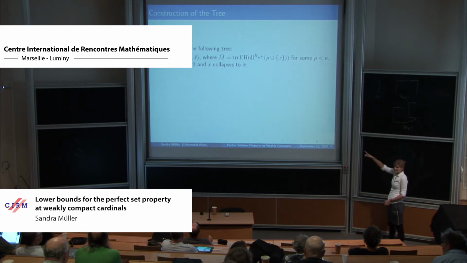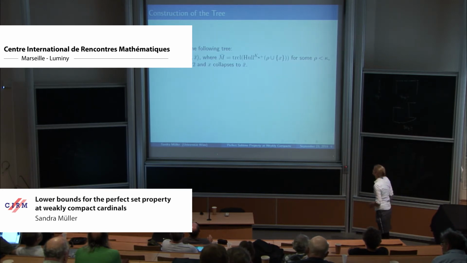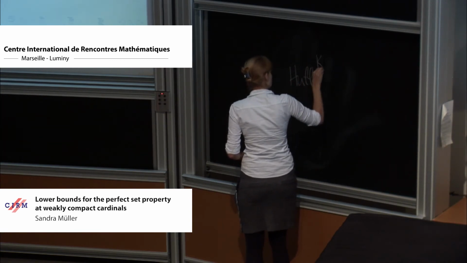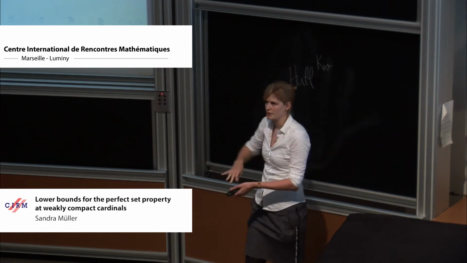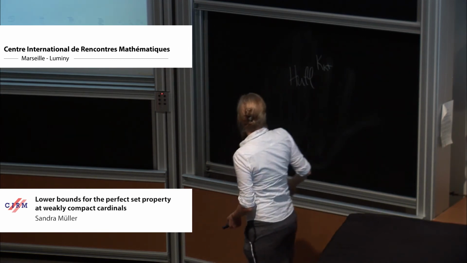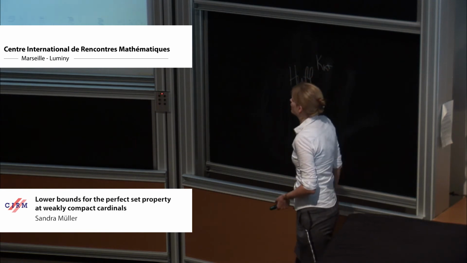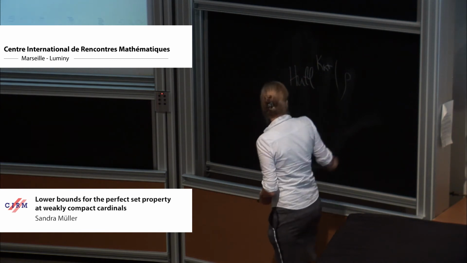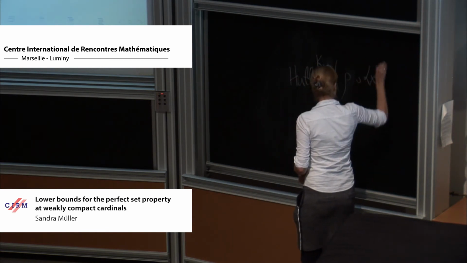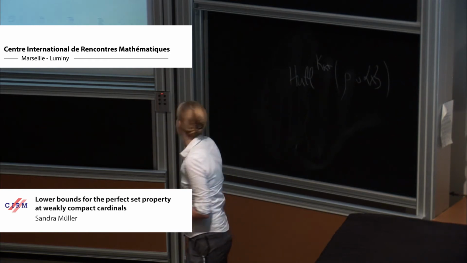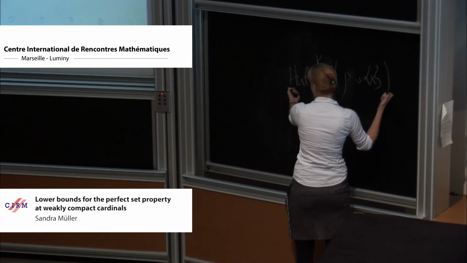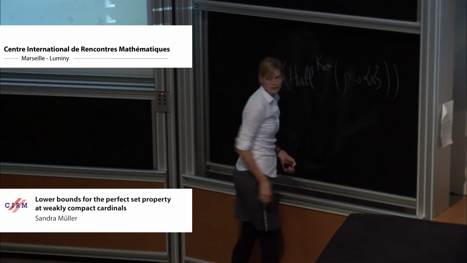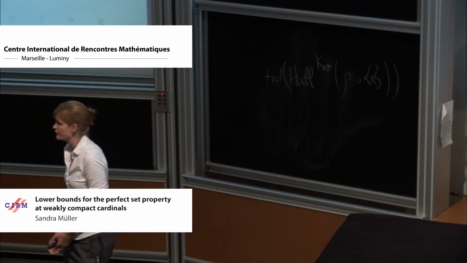In the end, all the elements in the tree are going to be generated like this. We take some hull in K, or I want to do it a little bit more locally, so let's just say K up to kappa plus, and I throw in some ordinal rho and some generating set X. These are going to generate the tree, and then I just transitively collapse it in order to get transitive models in the tree.